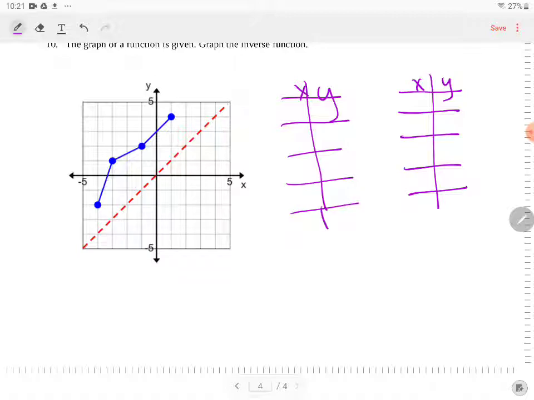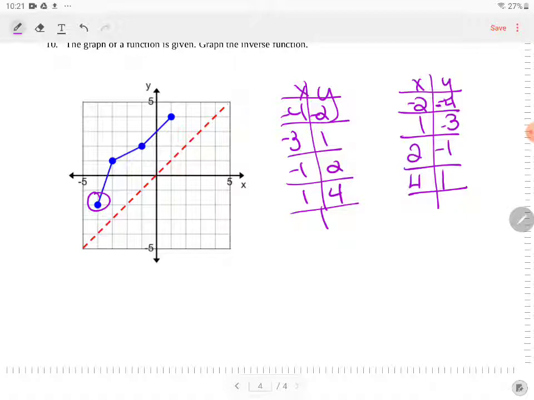So the furthest point here, I'm going to start here, is -4, -2. The next point is -3, 1, -1, 2, and 1, 4. So for the inverse, you literally switch your x and y, becoming -2, -4, 1, -3, 2, -1, and 4, 1.